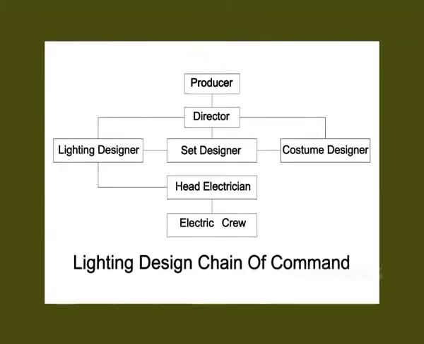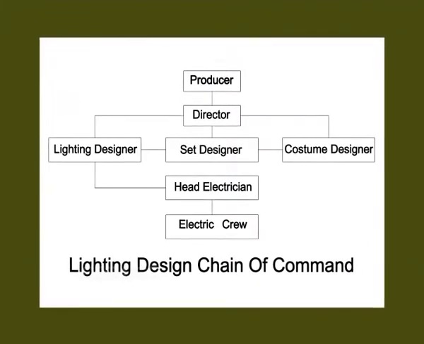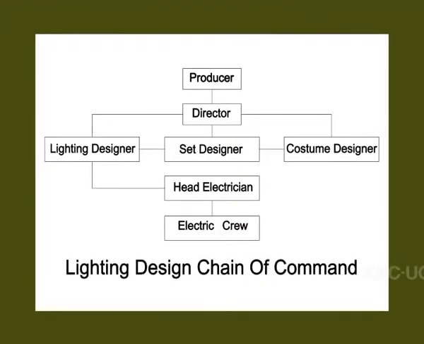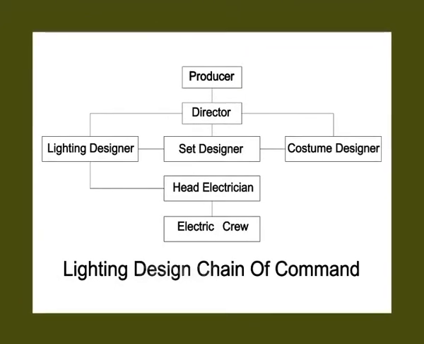The producer will usually impose restrictions on the director, who must work with available time, budgets and resources. The director will work with all designers. The light designer will work with the head technician and electric crew during the execution.